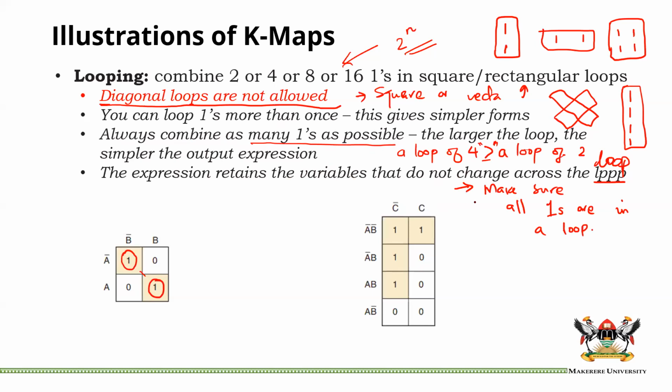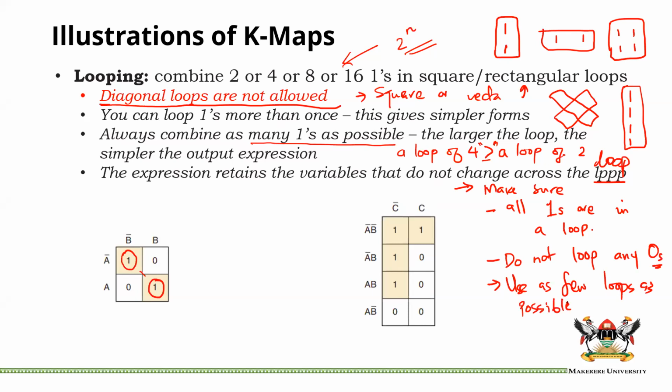All ones must be in a loop. Secondly, do not loop any zeros. Zeros should never exist in a loop, but ones should be in a loop. Finally, use as few loops as possible. Remember, each loop will give you an expression, right?